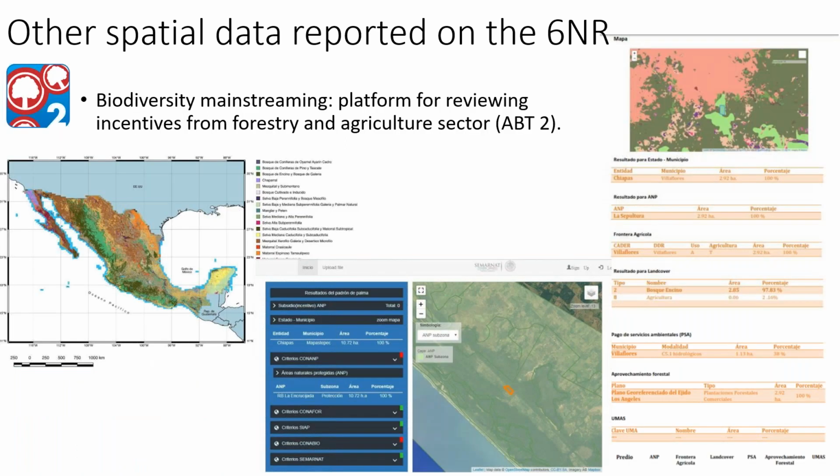And here there is another example for Aichi Target 2. We reported an exercise led by the Ministry of Environment and Agriculture to design a platform for reviewing incentives from the forestry and agriculture sector.